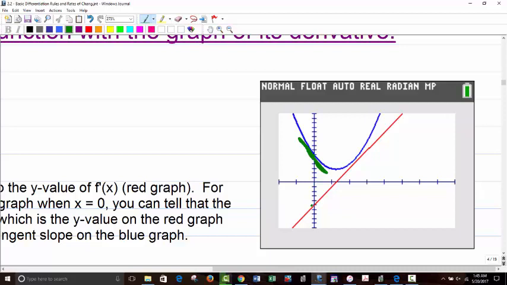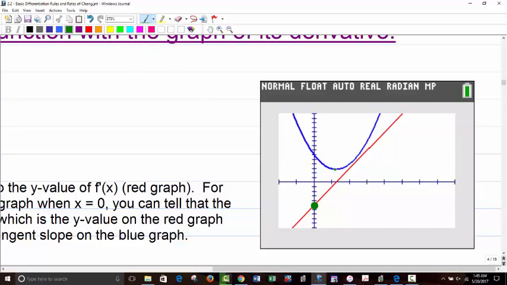The y value is right there. It's -5. So the slope of that green line is -5 because it's the y value of the derivative. Look at this one right here. That's hard to tell what the x is, but anyway, it'd be easy to visualize. At this point, I'm going to have to shrink that down.